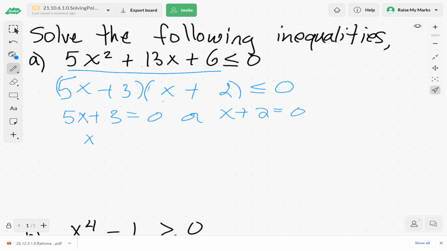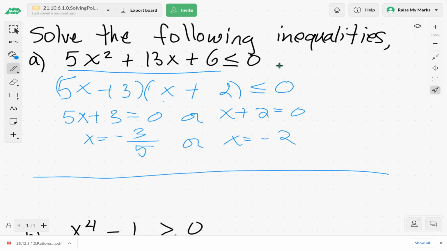This occurs when x equals negative 3 over 5 or when x equals negative 2. So we're going to use these two values to divide our real numbers into intervals. Okay, so we have negative 2, negative 3 over 5.